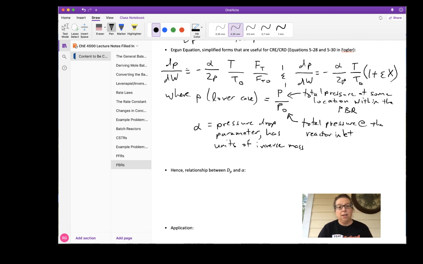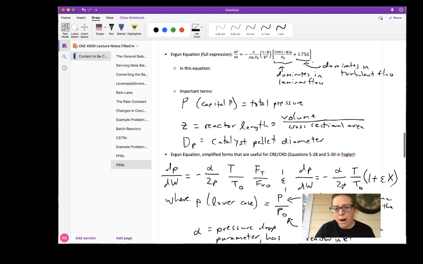This makes sense. If we look at this equation, the top term here, the lowercase p, is unitless because it's pressure divided by pressure. The denominator has units of mass. And if we look at all of the terms on this side, everything is unitless except for alpha. So alpha has to have units of inverse mass.